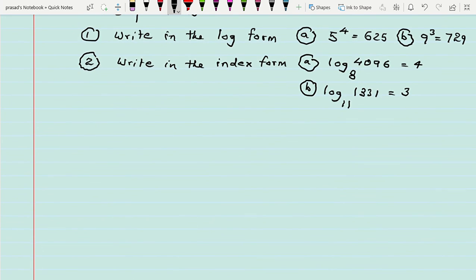And the third, evaluate without using a calculator.